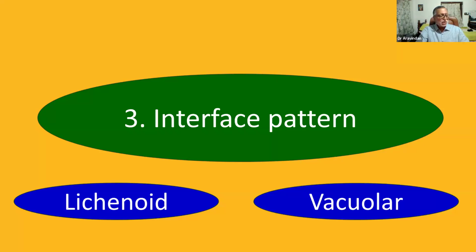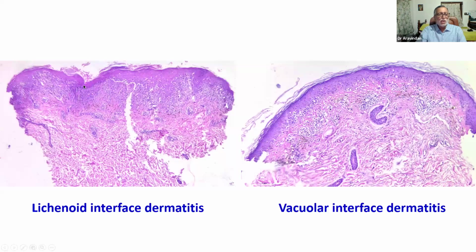Now, the interface pattern of interface dermatitis. You can broadly classify interface dermatitis into lichenoid and vacuolar types. Pathologists say lichenoid when you find an infiltrate close to the epidermis which obscures the epidermodermal border.